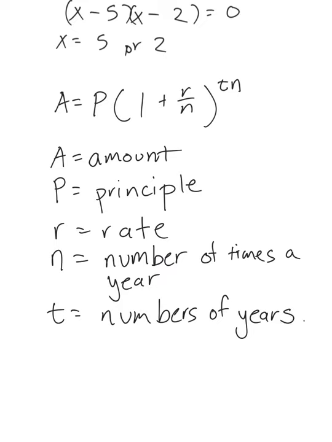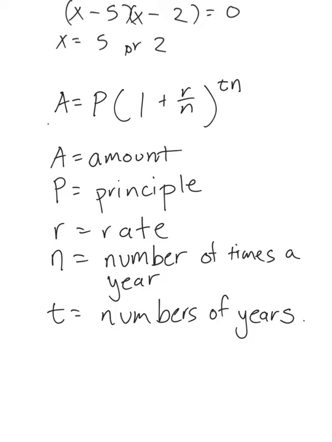So this first formula, A equals P times all of that, is for example if you had a savings account, and this is a generous savings account.